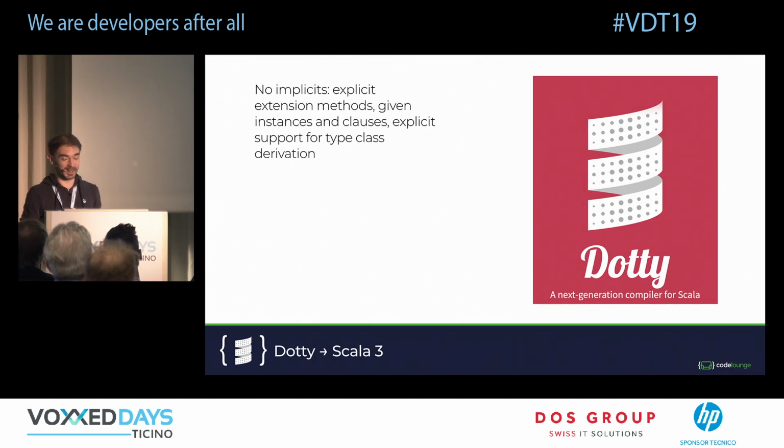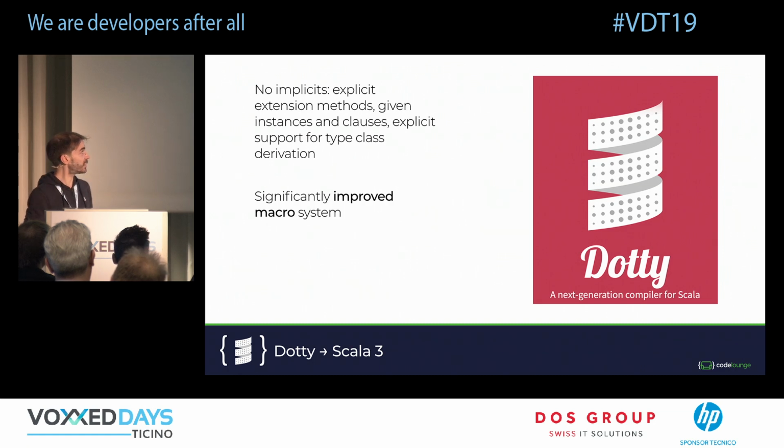So there will be no implicits, but the things that I've shown you will still work with different constructs. They will allow explicit extension methods, something like implicit instances, but they are called given, and they work slightly differently. And explicit support for type class derivation, if you like very hard functional programming, okay?